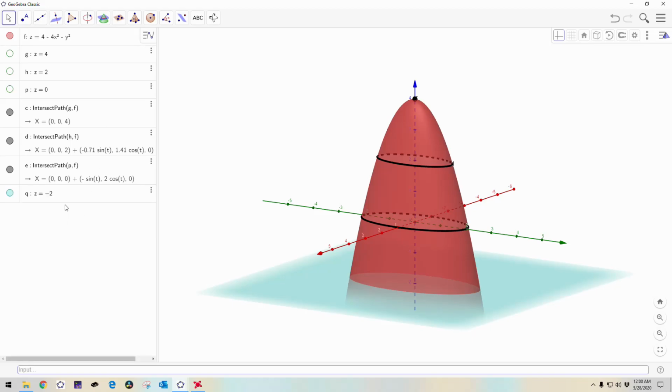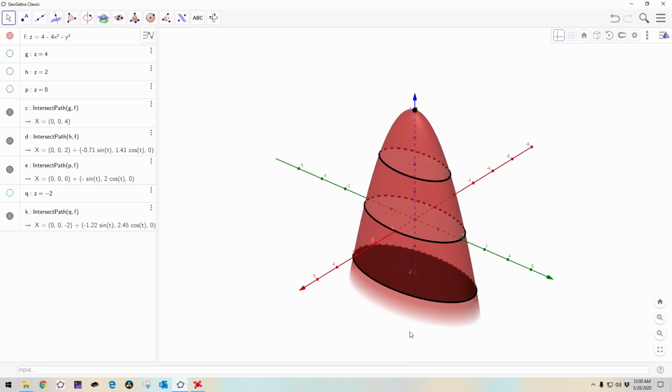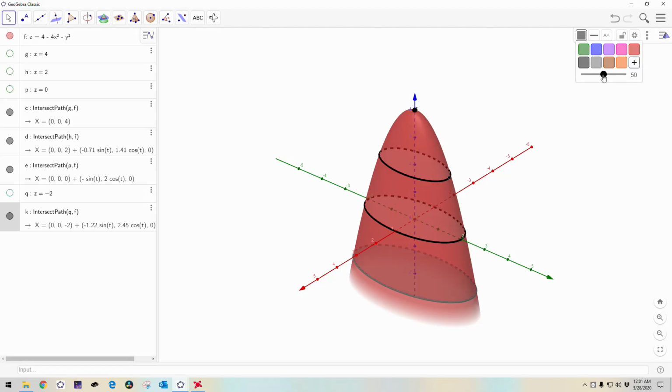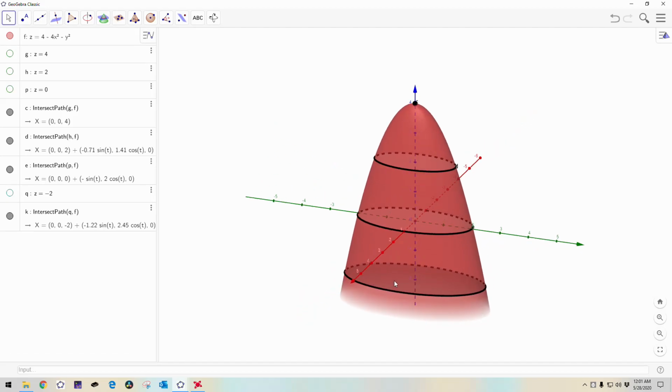And then I were to intersect that, then you could also get something like that. There we go. See it a little bit better now. Right? So as I slice further and further down, I'll get larger and larger ellipses.